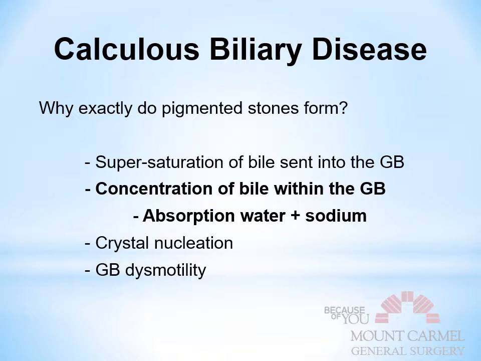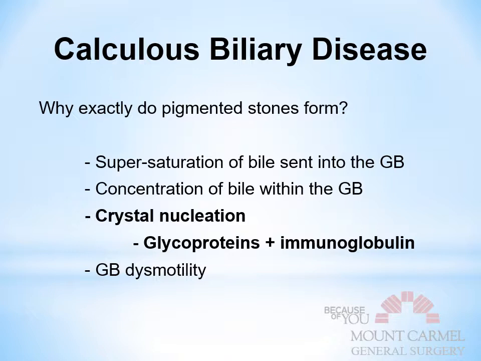Second would be concentration of bile within the gallbladder, because there's actually an absorption of water and sodium, mainly sodium and water following sodium through the wall of the gallbladder, which leaves behind the other salts, which do not have a carrier to come through the wall. Then there's crystal nucleation, which is essentially where glycoproteins and immunoglobulin form a matrix that allows a crystallization of the salts within the bile.